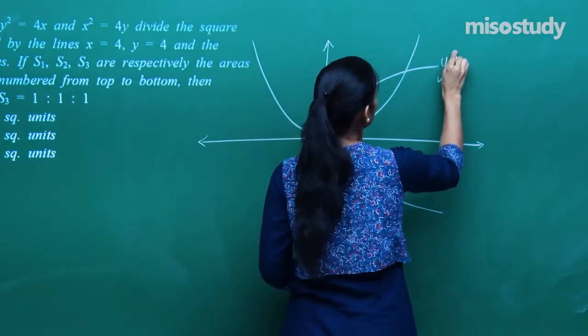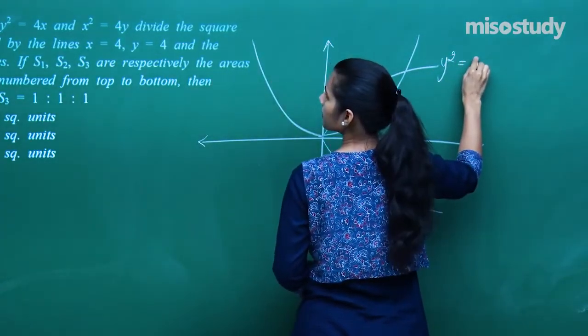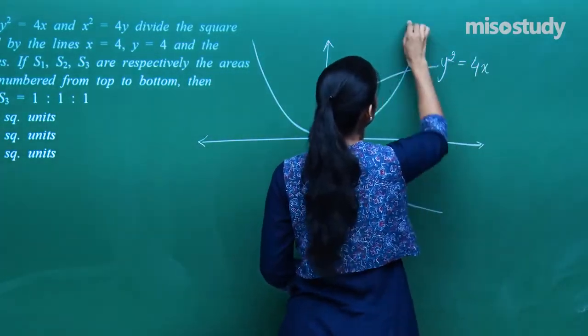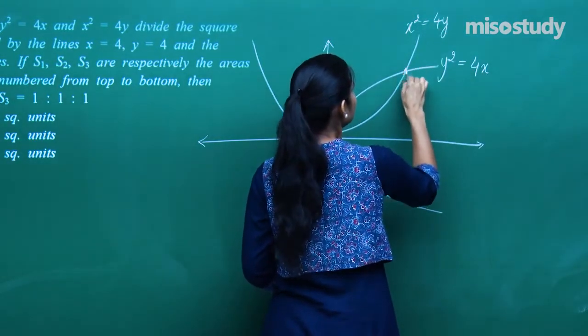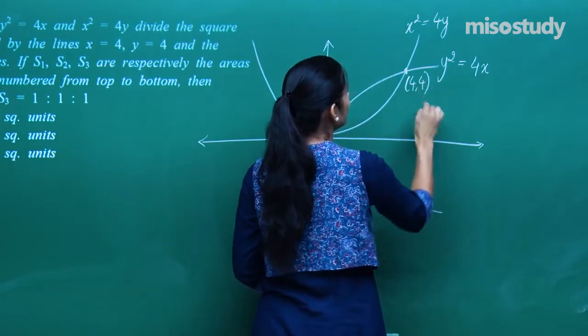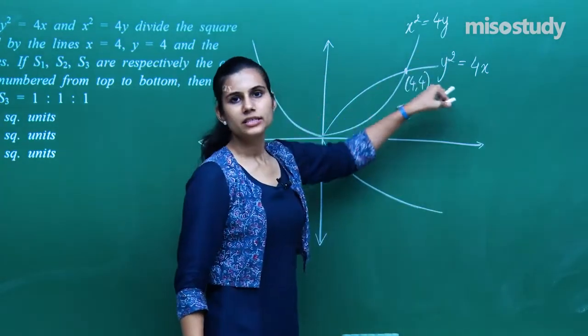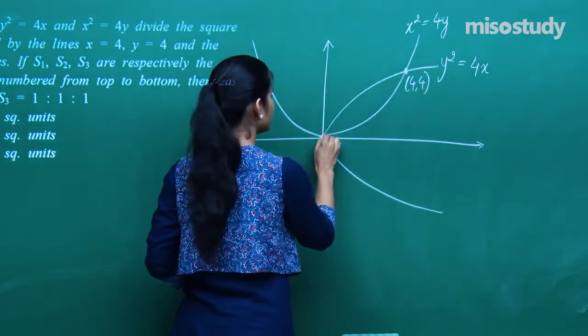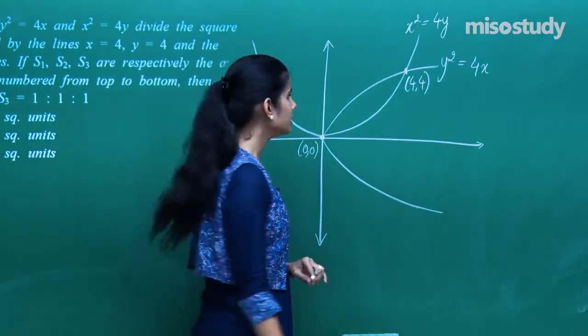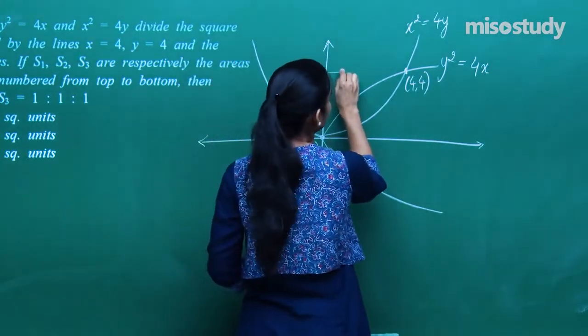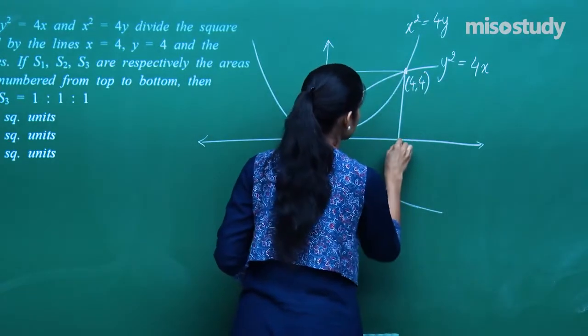So this is y square equals 4x and this is x square equals 4y. This point is 4, 4. You can check. These two are going to intersect at 4, 4 and they are going to intersect at 0, 0. Clear?